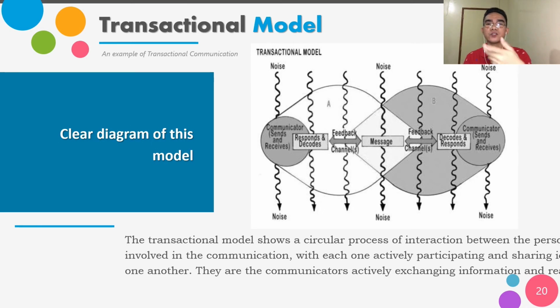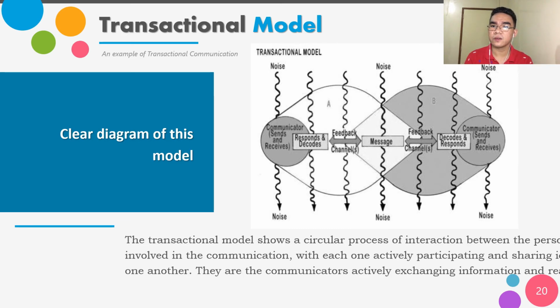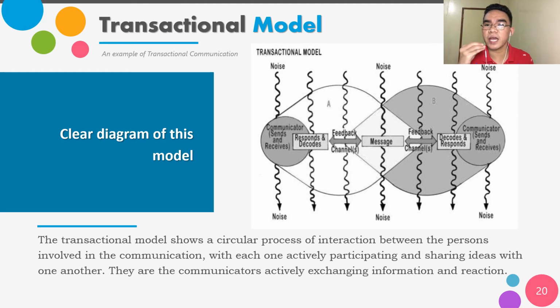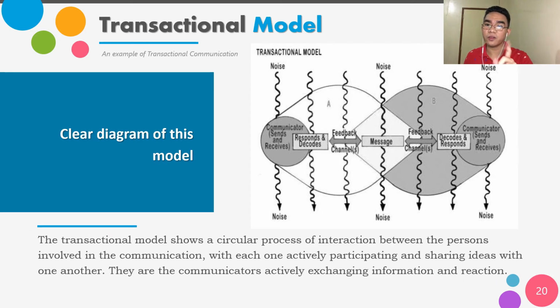So while you are having a conversation with your best friend, it has been interrupted because of your other friend who is currently in a hurry to go home. So meaning to say that is transactional because you're having a transaction with your best friend, and at the same time you have a transaction with your other friend, and the communication has been affected because of the noise. What is the noise there?